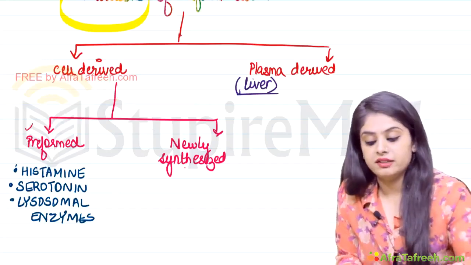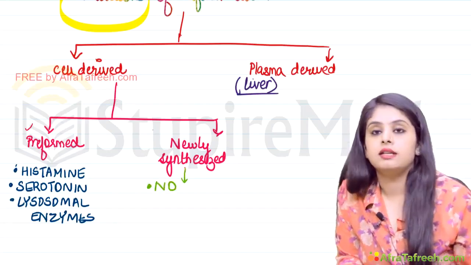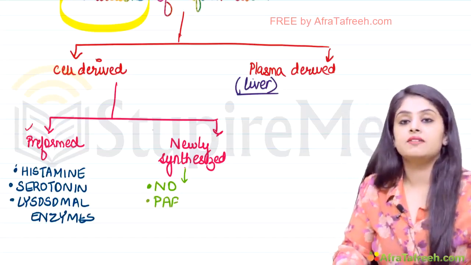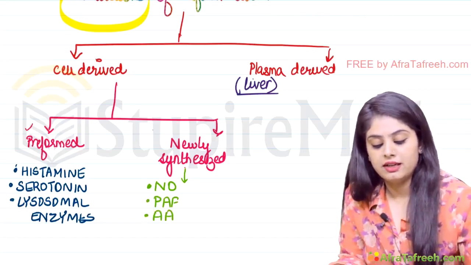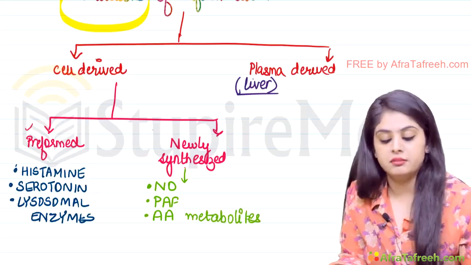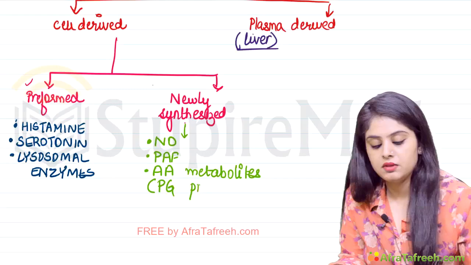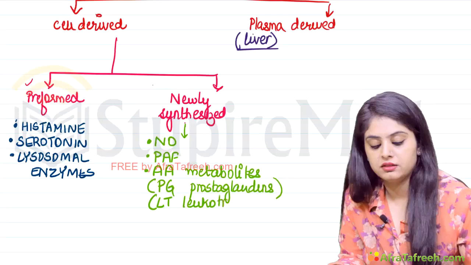Next are the newly synthesized mediators. What are the newly synthesized mediators? These include nitric oxide, platelet activating factor, and arachidonic acid metabolites, which we will be talking about in detail. These metabolites include prostaglandins and LTs, that is leukotrienes.